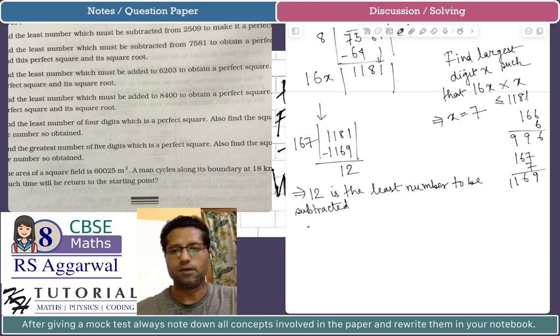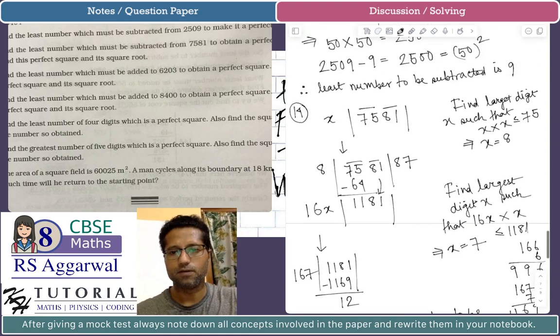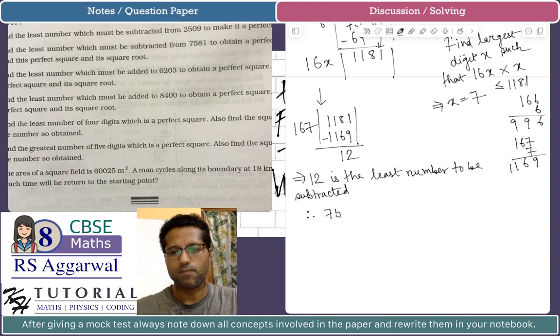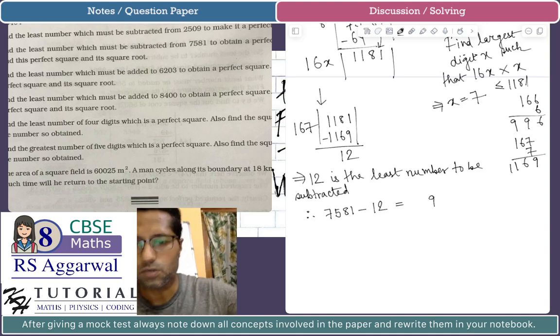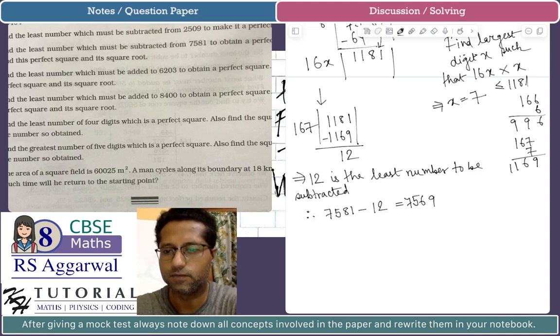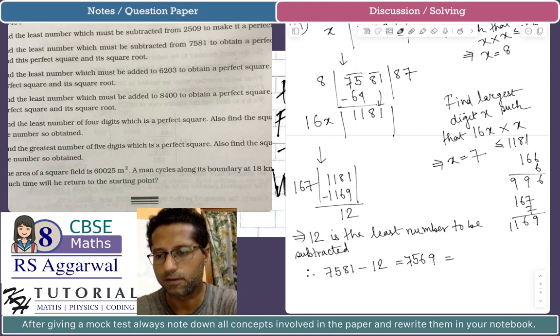Therefore, the given number was 7581. 7581 minus 12 is equal to 7569, which has to be the square of the current quotient.